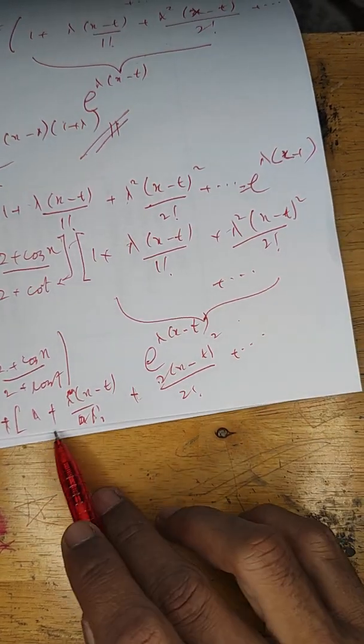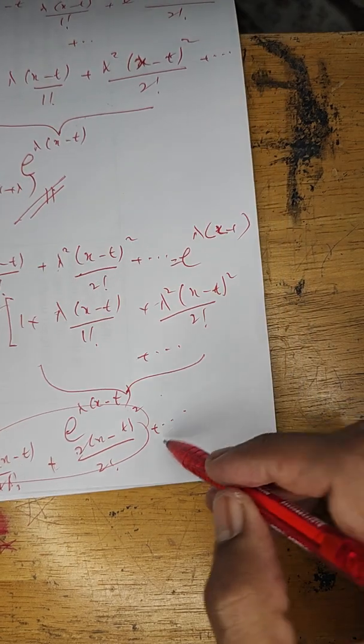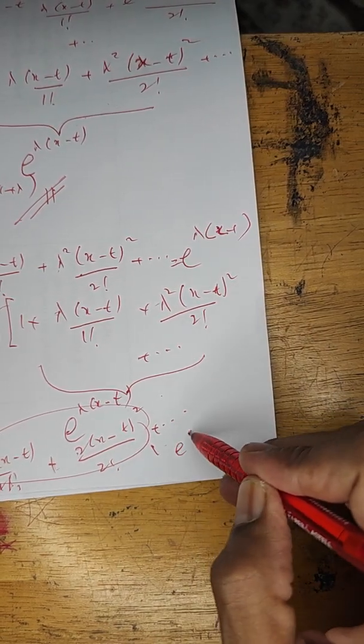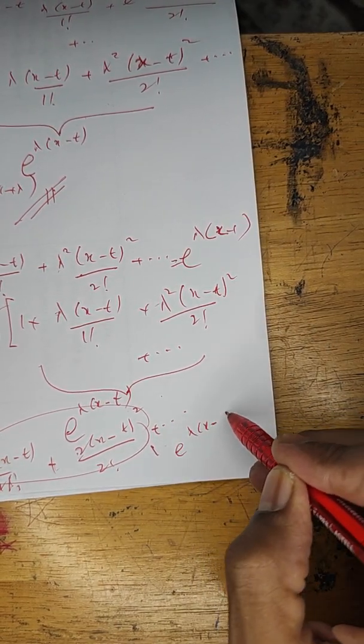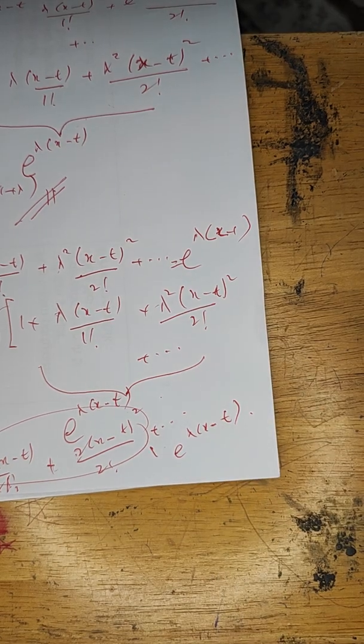Okay, and in fact inside the bracket there, this is just the e^(lambda (x minus t)).